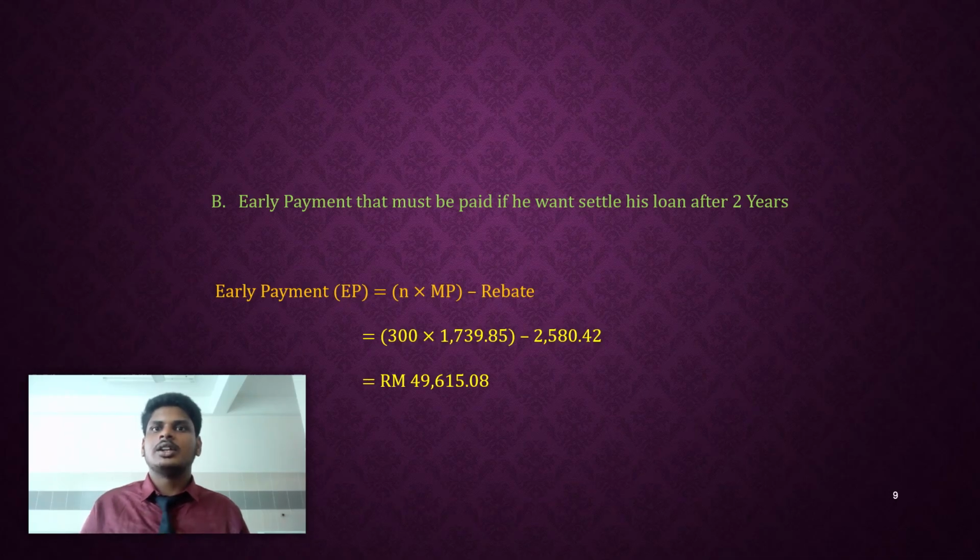The rebate calculated was RM 2580.42. EP, the early payment, equals RM 49,615.08. This suggests the formula used might have included the remaining principal plus future interest. That's a quick look at calculating early payment amounts.